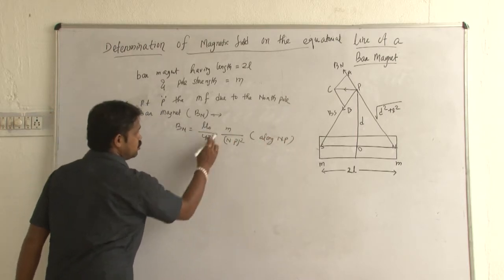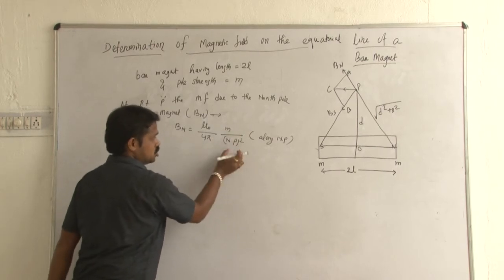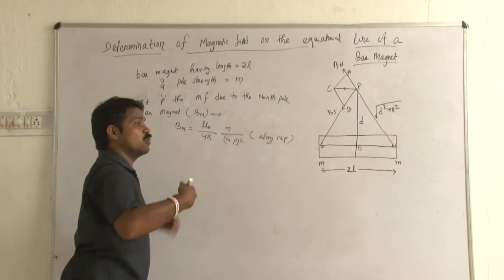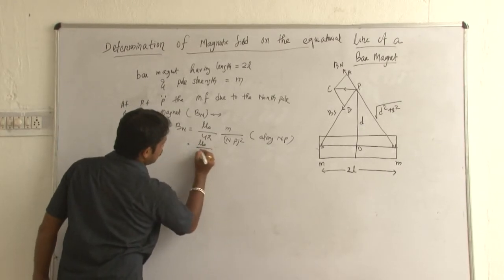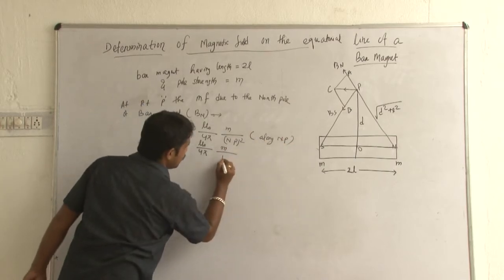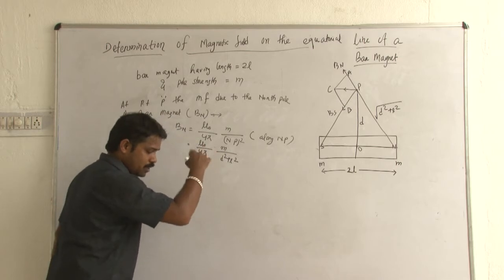So Bn is nothing but mu 0 by 4 pi, pole strength divided by NP whole square. NP means the distance between the north pole and the point P where we are going to find out the magnetic field. So that is equal to mu 0 divided by 4 pi, m divided by NP squared. And what is the value of NP? The value of NP is root over d square plus l square, whole square.